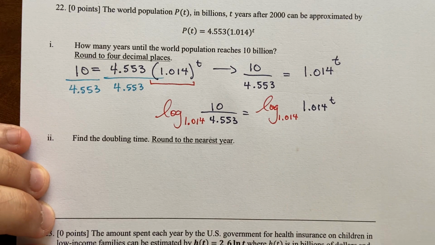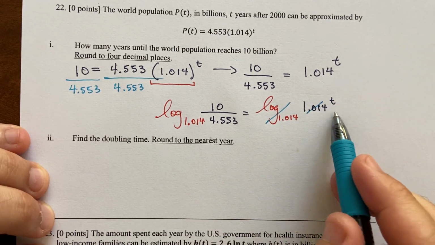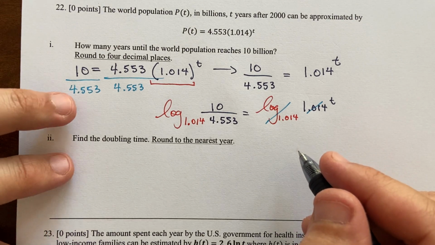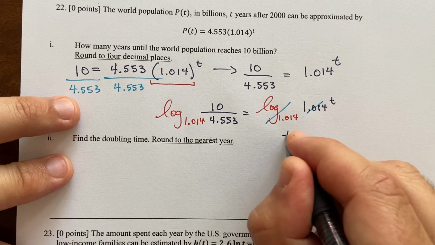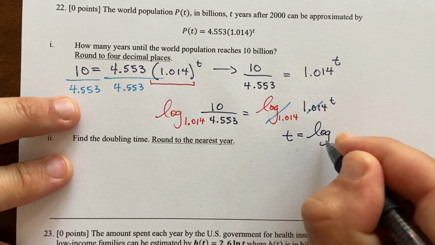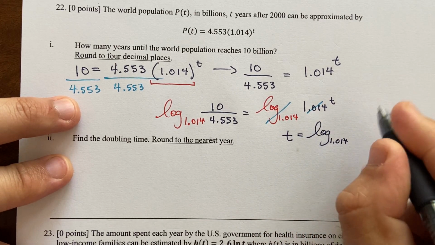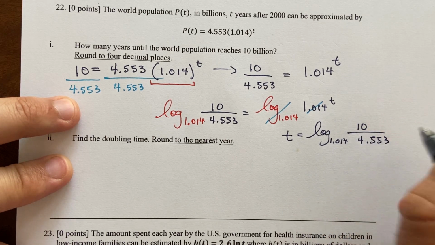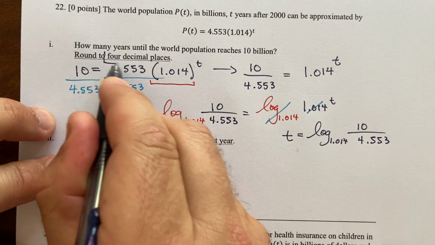The purpose of that is on the right, these cancel, and now we're just left with t, which is what we were after anyways. So I'm getting that t would equal log base 1.014 of 10 over 4.553, but it said round to 4 decimal places.